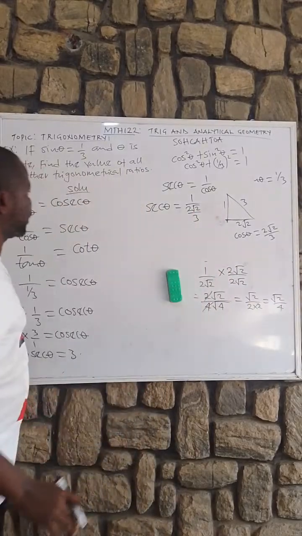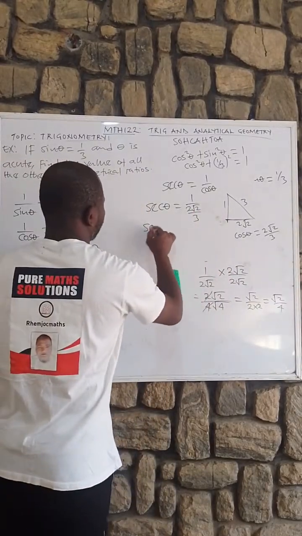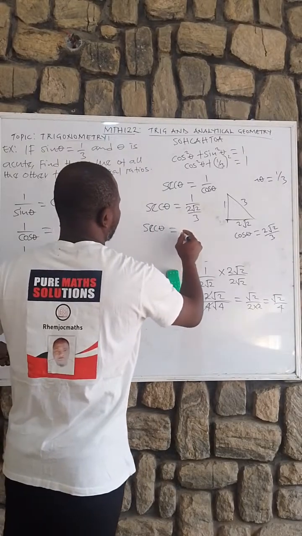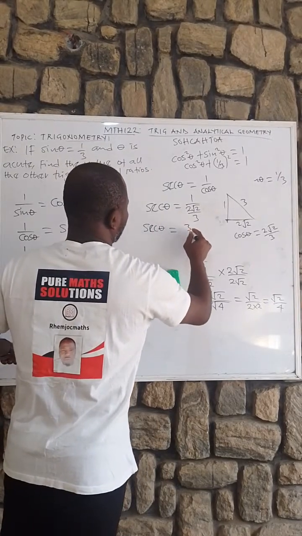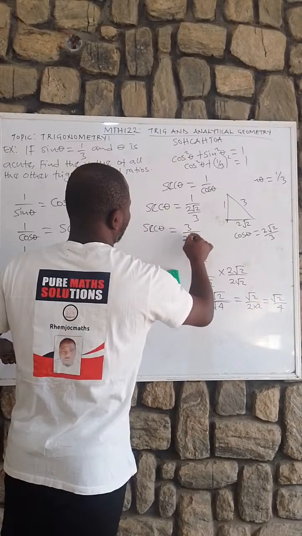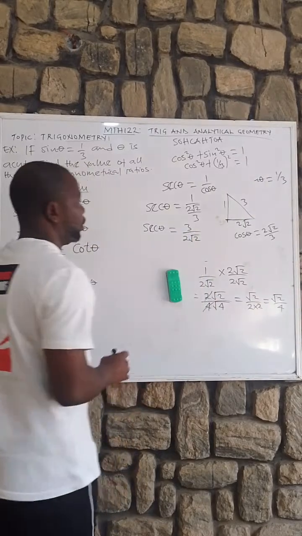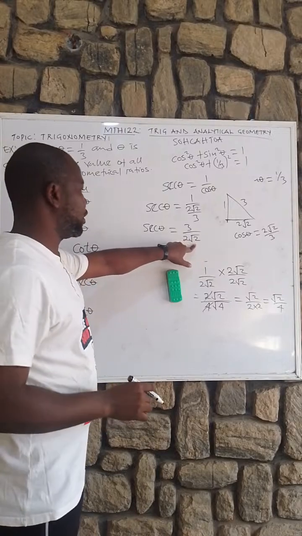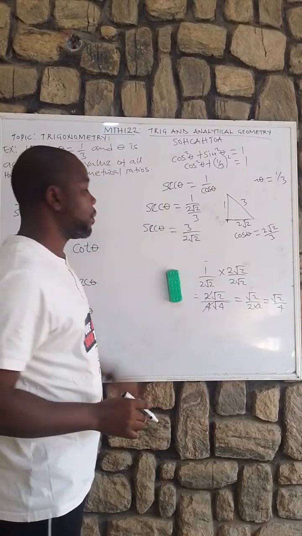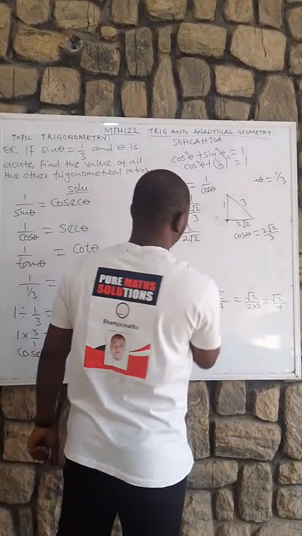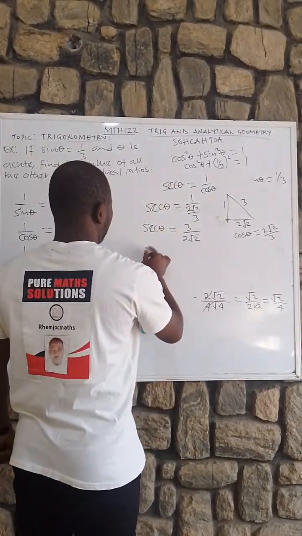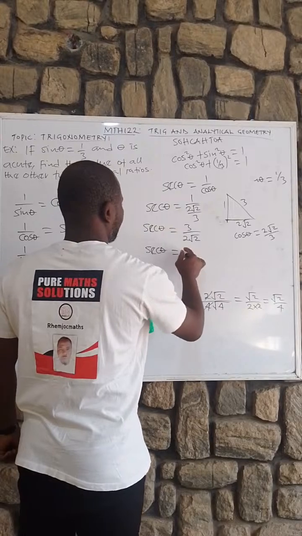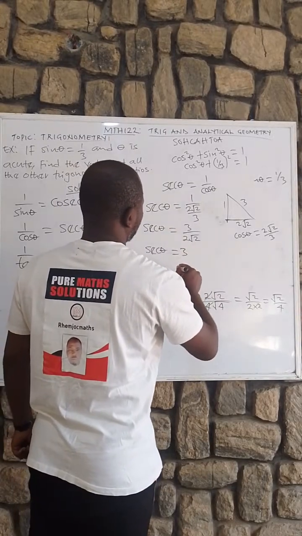Then we are going to do the same thing here. Our sec theta now will be equal to 3 over 2 root 2. But I told you that if we have something like this, mathematically it is not proper because of the surd here. So we have to transform it. We rationalize it. Hope I'm right.